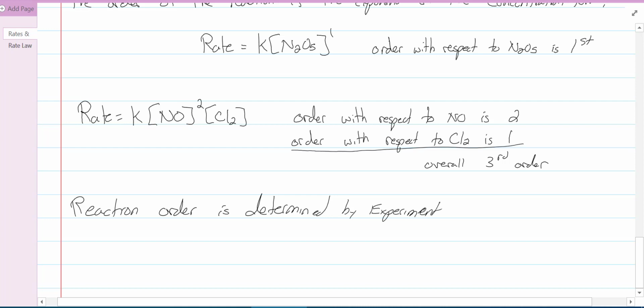So when we determine the rate law, we use the method of initial rates.